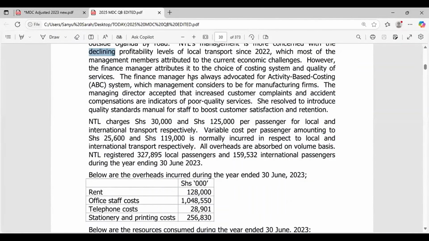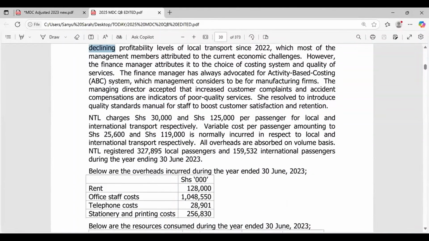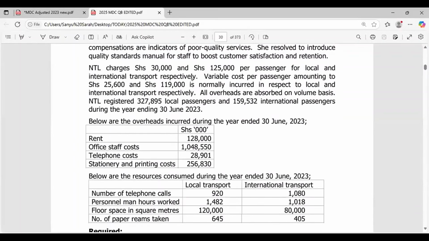The finance manager has always advocated for the ABC system, which management considers to be for manufacturing firms. The managing director accepted that increased customer complaints and accident compensations are indicators of poor quality services. She resolved to introduce a quality standards manual for staff to boost customer satisfaction and retention.